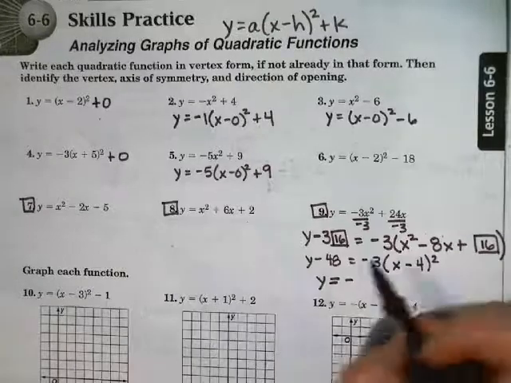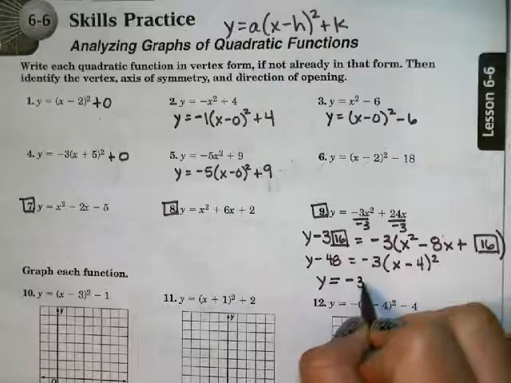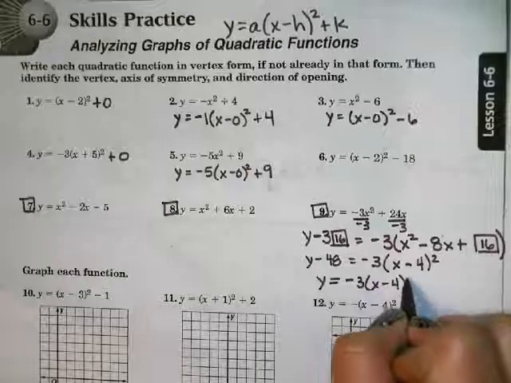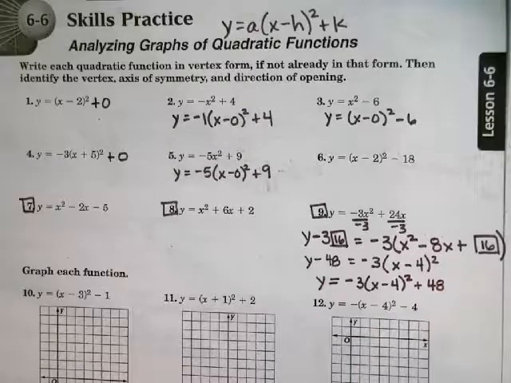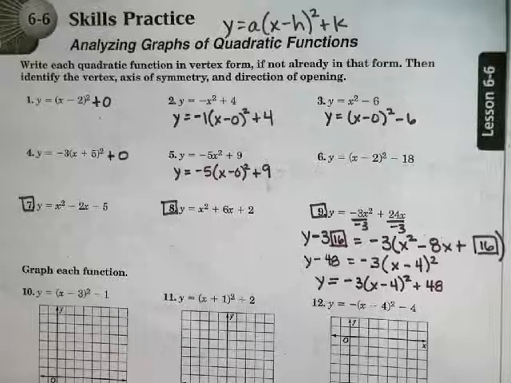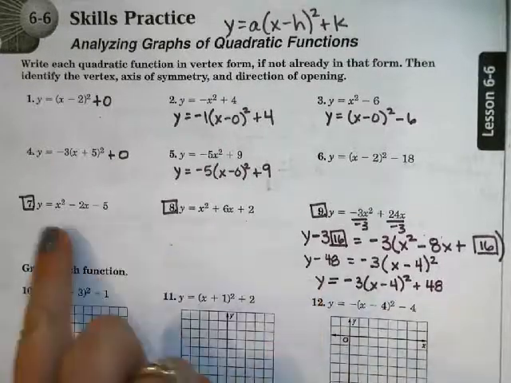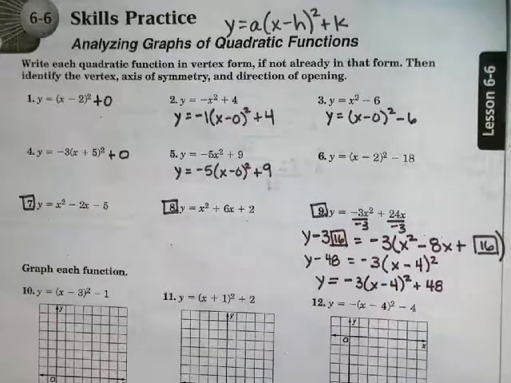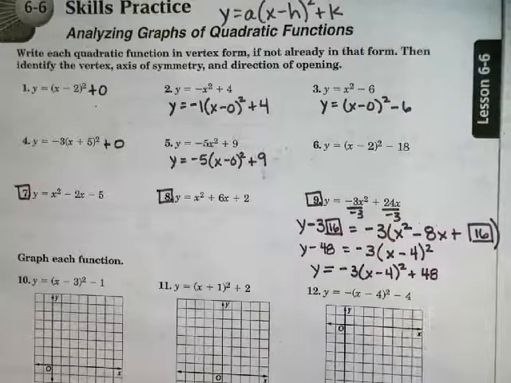Okay. Now I'm going to move the 48 over. So I have y equals -3 times x minus 4 squared plus 48. Okay, so the instruction says write it into vertex form if it's not already in that form. So that's where you're going to complete the square on those 3. And then it says identify the vertex, the axis of symmetry, and which way he opens.